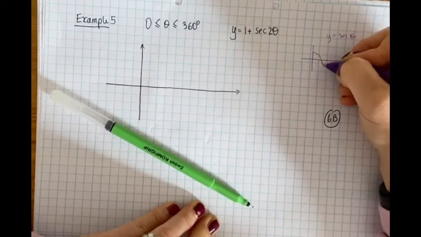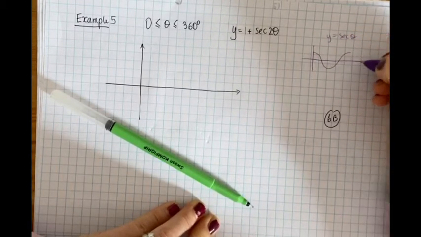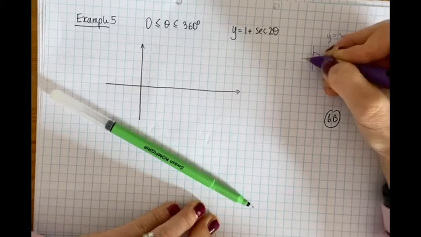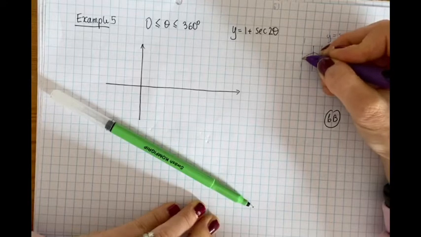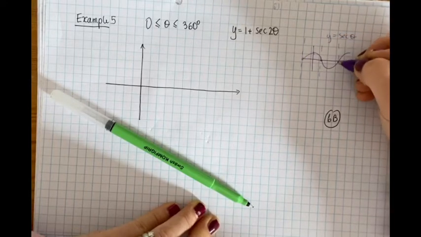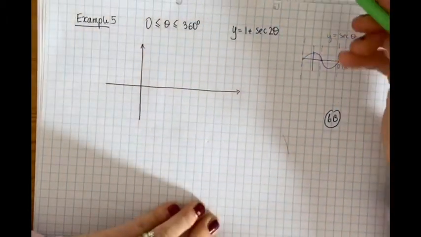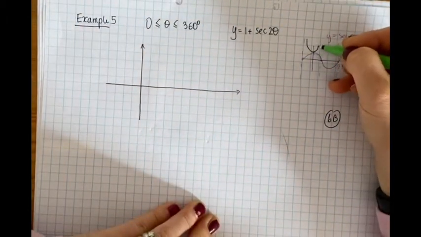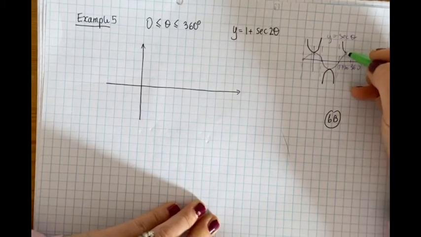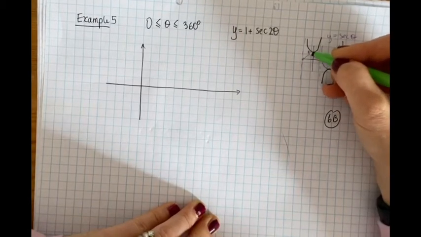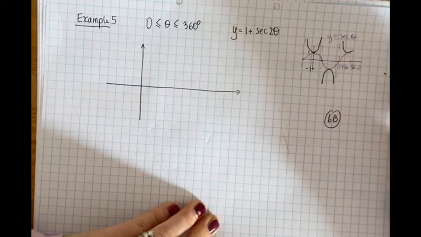So you would have to draw cos first. These are the asymptotes at 90, minus 90, and 270. And then you have the graph that looks like this. We're meant to draw it from 0 to 360. Now that happens at 1 and then minus 1.